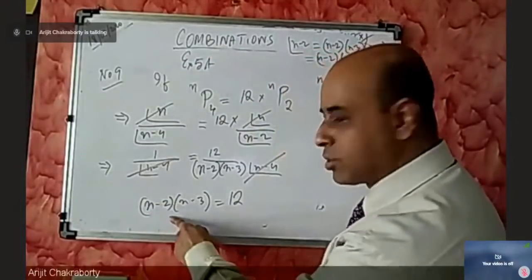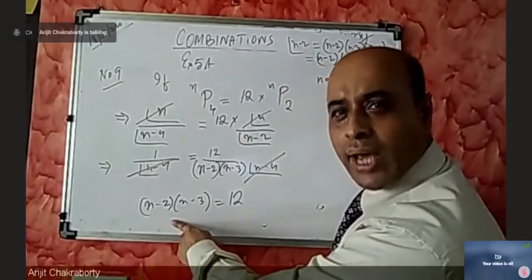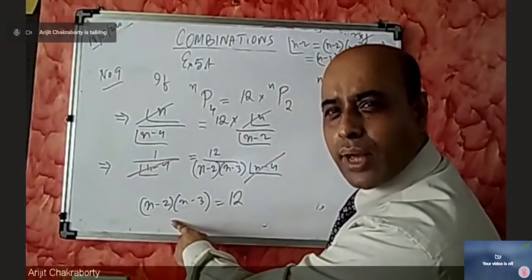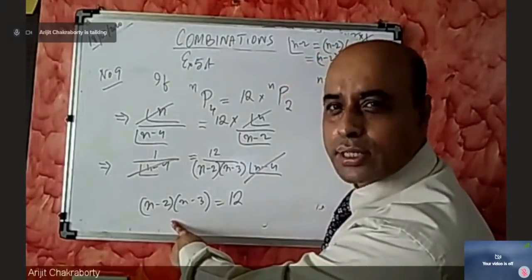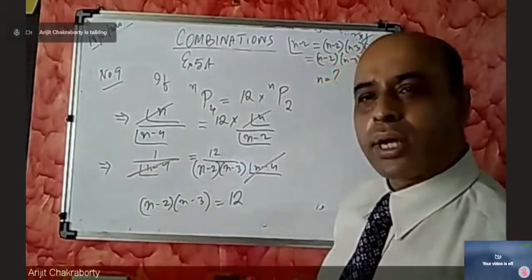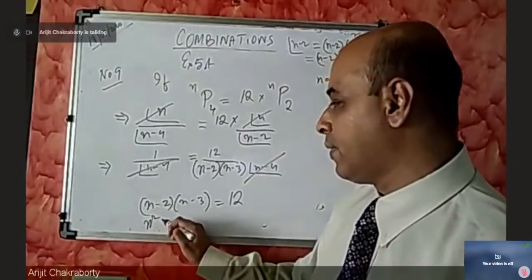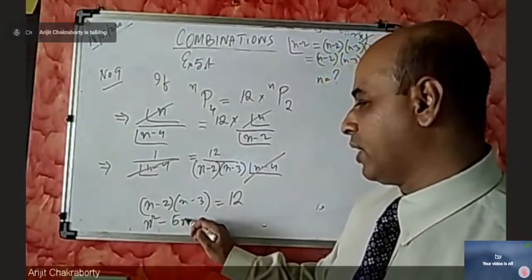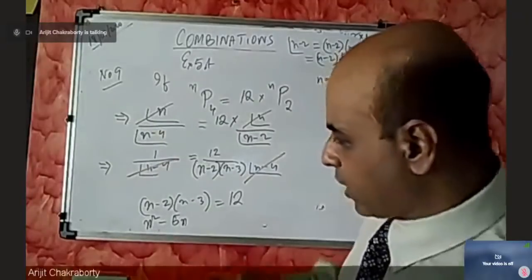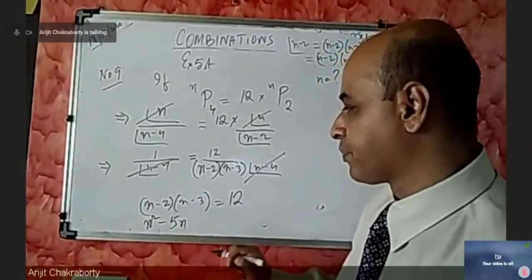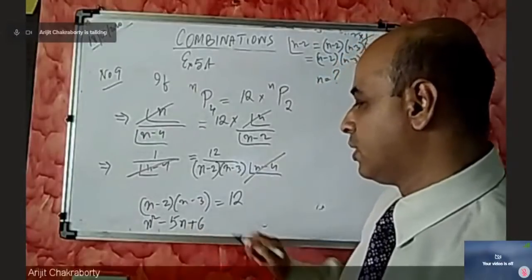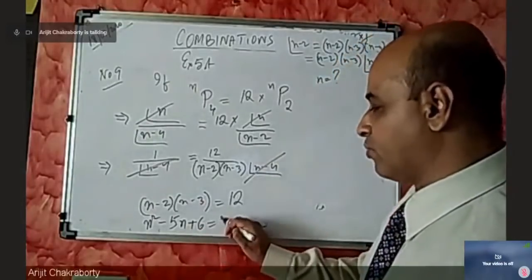Of course, we can use trial and error, but let us use our knowledge of equations and see whether we can solve this. (n minus 2) into (n minus 3) is n squared minus 5n plus 6. This is equal to 12.